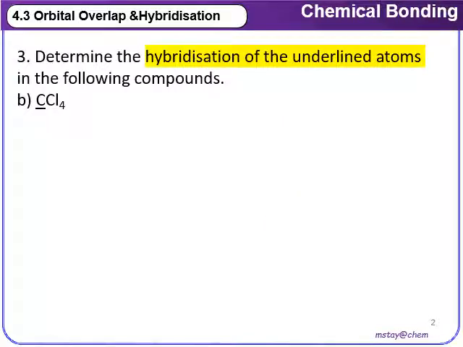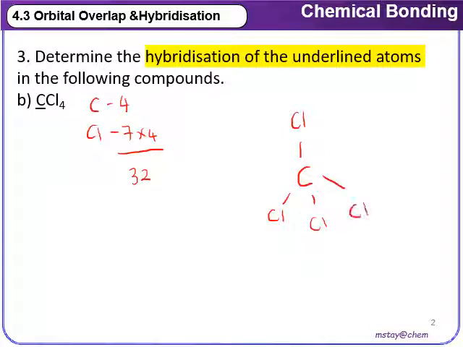Question B, we have CCl4, where we know carbon has 4 valence electrons, and chlorine has 7 valence electrons, times 4, so the total is 32 valence electrons. We end up here, where each chlorine has achieved an octet, so 4 times 8 is 32.